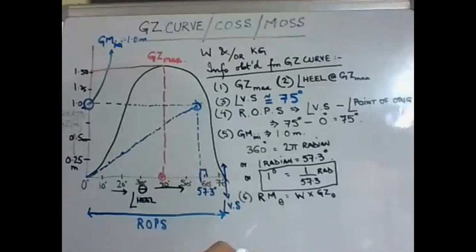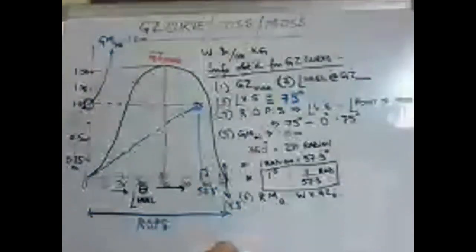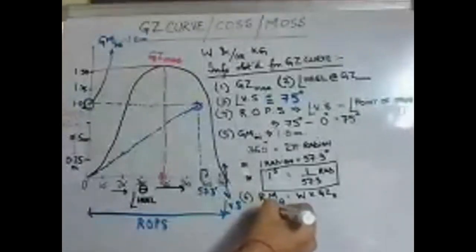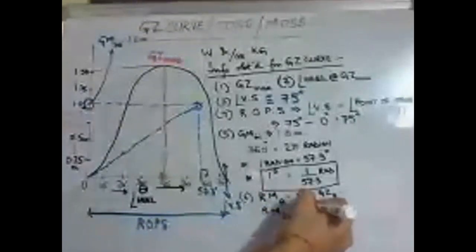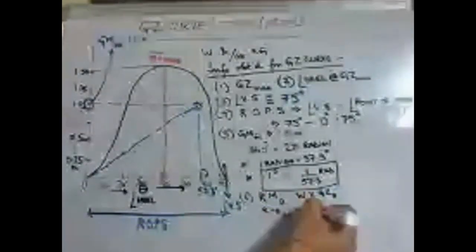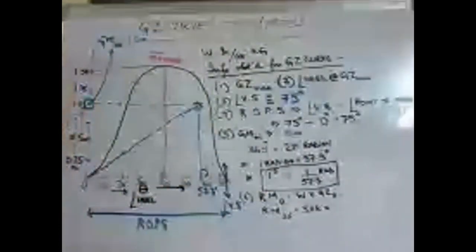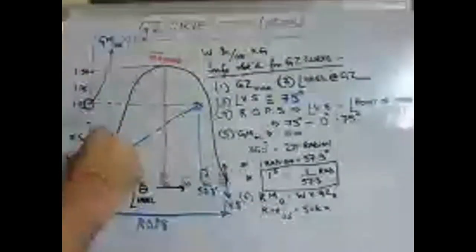Supposing I want the righting moment for 20 degrees, and let us say my vessel is a 50,000 tonner. So 50,000 tons into, at 20 degrees, I erect a perpendicular.